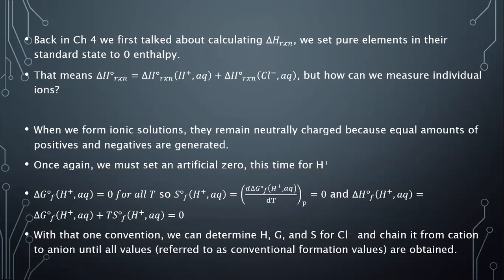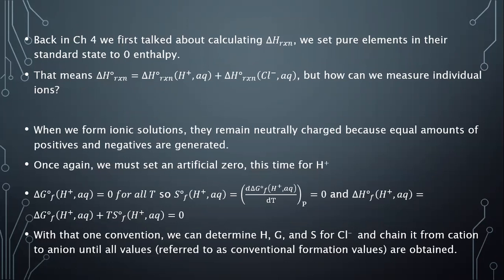Now, back in chapter 4, we talked about how we calculated delta H reaction. We set our pure elements in their standard state enthalpy to 0. So the delta H reaction for that reaction is just the sum of the delta H of proton and the delta H of chloride.